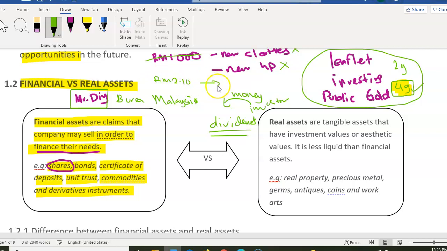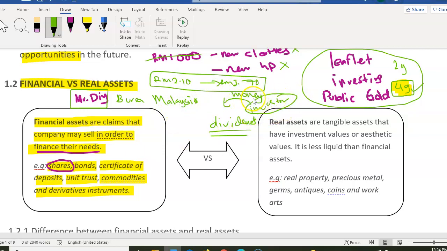Hari ni, today, dah naik RM3.70. So dia boleh jual share tu dan dia dapatkan profit in terms of perbezaan harga yang ketara lah. Masa dia beli harganya agak rendah RM2.10 dan bila jual hari ni harganya RM3.70.